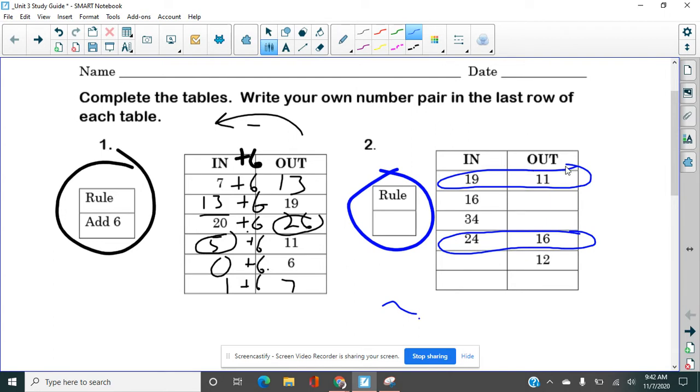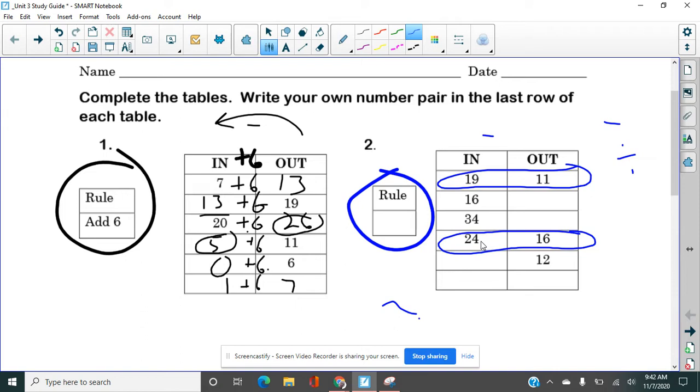So the numbers are going down. Whenever the numbers are going down, it is either subtracting or dividing. Do you think that this is a subtracting box or a dividing box? It's a subtracting box, okay? So we're subtracting here. And how much are we subtracting? How much would we need to subtract to get from 19 to 11?